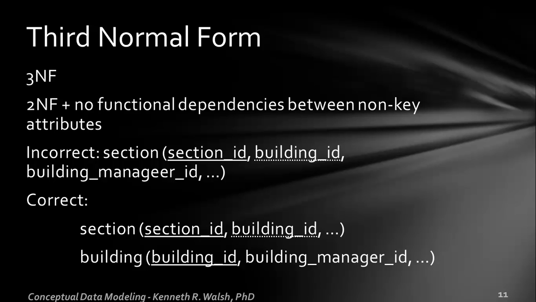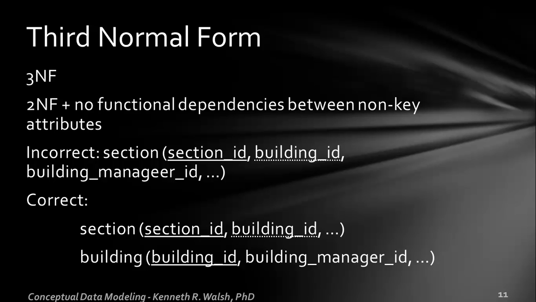However, the building manager, in a sense, can be determined by the section ID, but the building manager also can be determined by the building ID. So now we have an attribute being dependent on another non-key attribute.